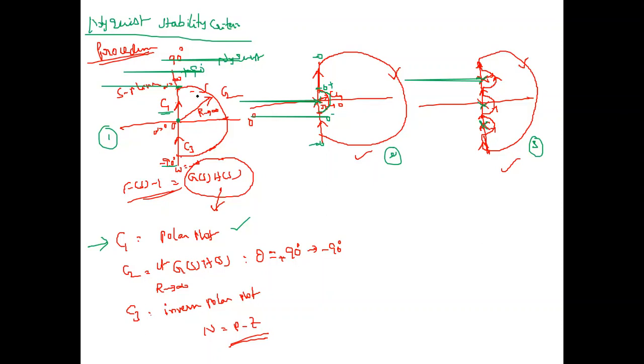For this, we need to take the given open loop system and test what the value is when the radius is infinity. We substitute r tends to infinity, and after getting this result, we test what happens when the angle varies from plus 90 degrees to minus 90 degrees, and how this changes in the Nyquist plot.